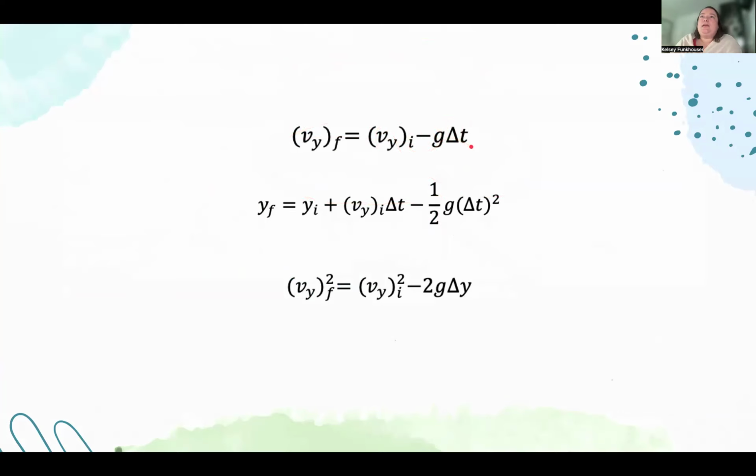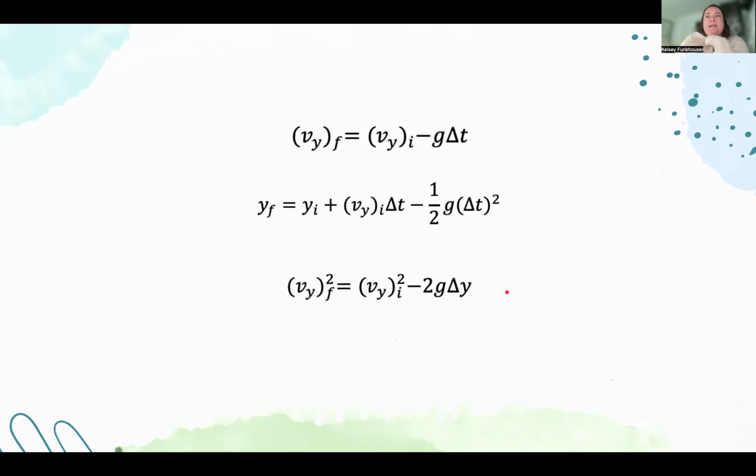So negative g times the time interval, negative 1/2 g times the time interval squared, and negative 2g times the displacement. So these are the equations you want to use for vertical motion and, well, free fall motion specifically. And again, it is the same equations we use for horizontal motion. We just change the variable, and then also because this is free fall, we replace the acceleration.